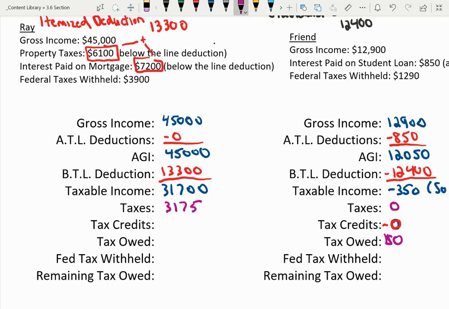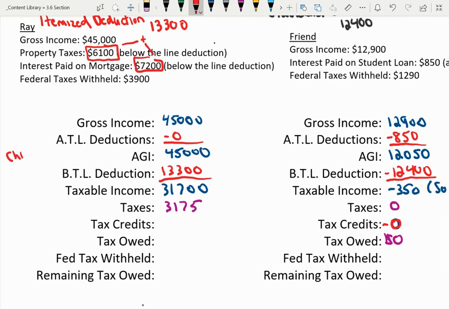$3,175. Now, does Ray have any tax credits? Well, if you have one child, there is a child tax credit of $2,000 per child that you have. So Ray has one child, so then he could subtract 2,000 from the taxes owed. And this is awesome because that takes away directly from how much you owe.